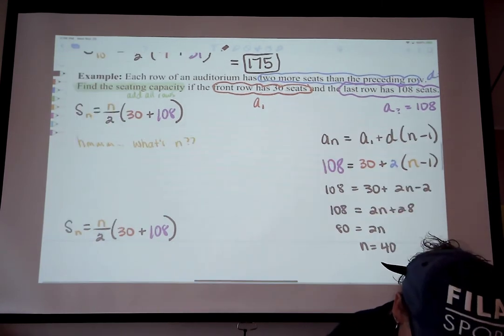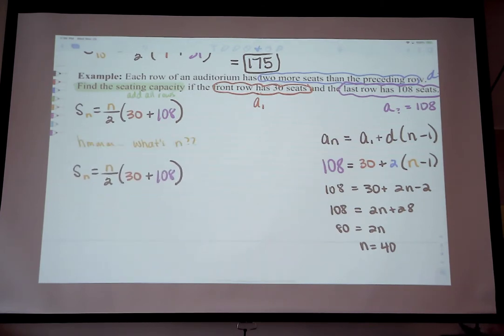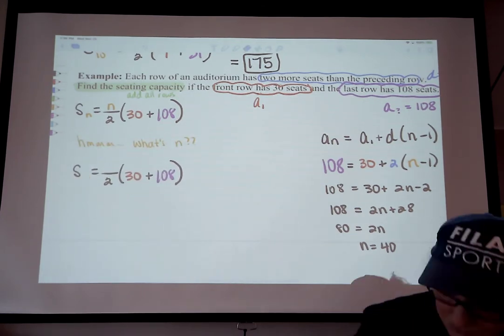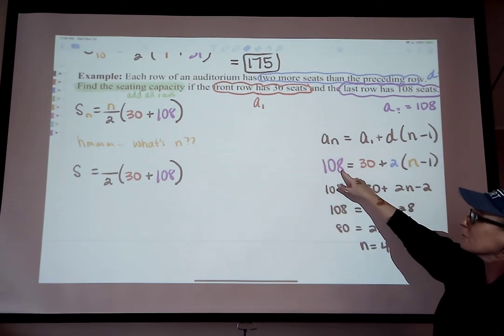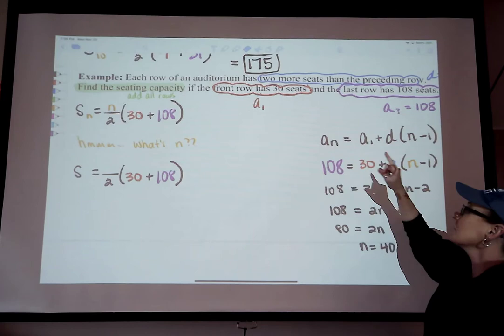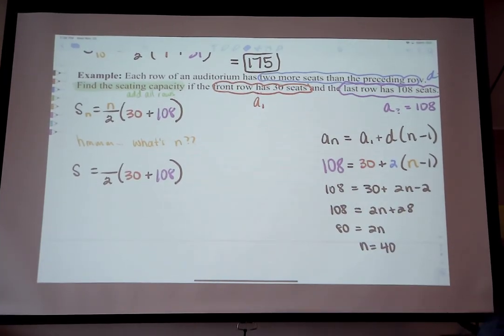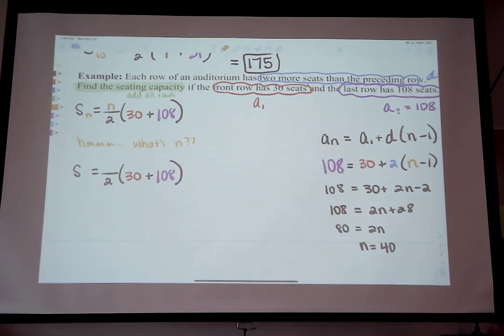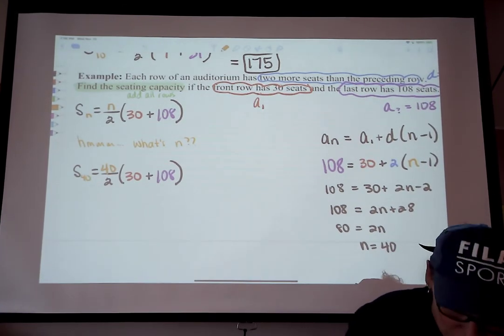N is 40. Okay, so since N is 40, that means that the 40th row had 108 seats. The first row had 30. The 40th row had 108 seats. So basically what we're looking for here is the sum of all 40 rows.